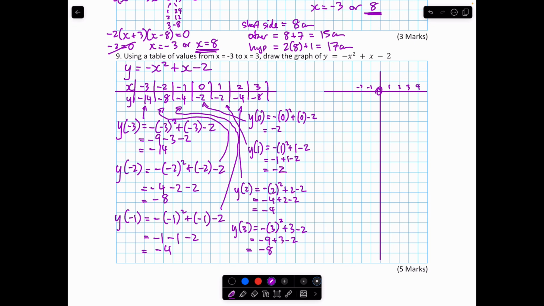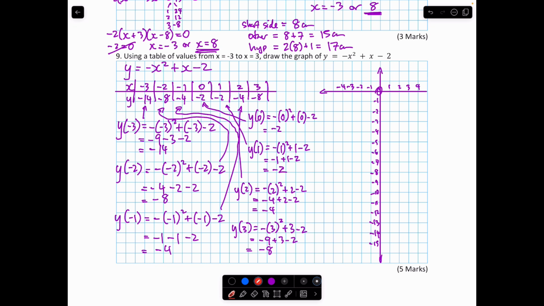Negative 1, negative 2, negative 3, negative 4, negative 5, 6, 7, 8, 9, 10, 11, 12, 13, negative 14, one more, negative 15. Let's plot the points in red.